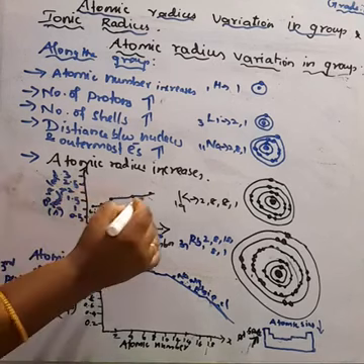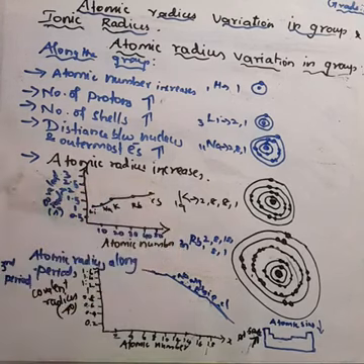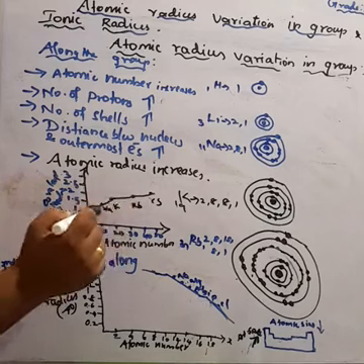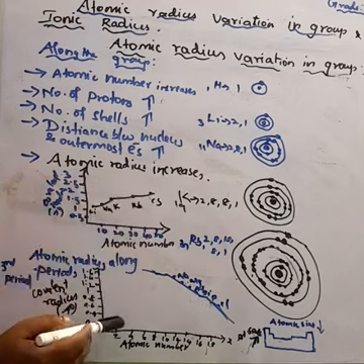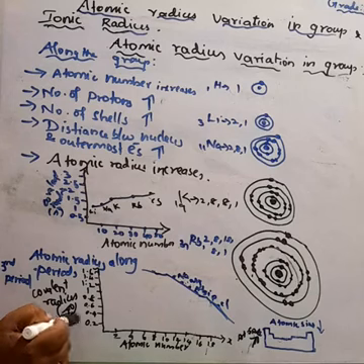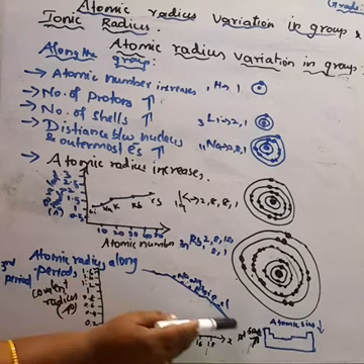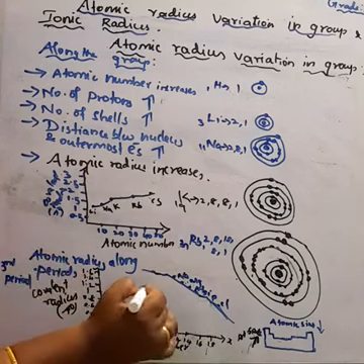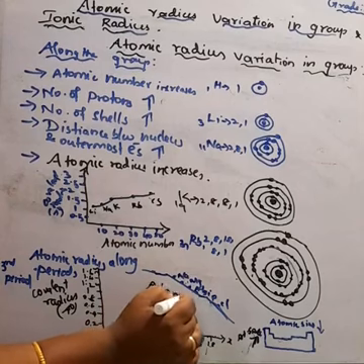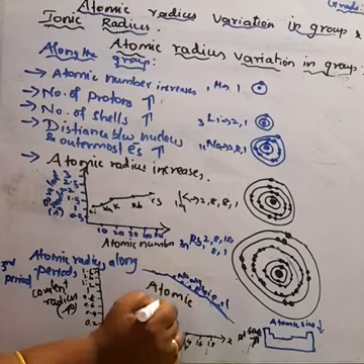When we are moving from top to bottom, atomic radius increases. This is another graph: the third period elements, variation of atomic radius in a period. When we are moving from left to right, atomic radius decreases gradually.